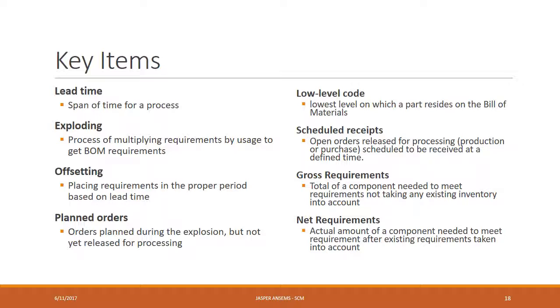You have exploding, the process of multiplying requirements by usage to get the BOM requirements; offsetting, placing requirements in the proper period based on the lead time; planned orders, planned during the explosion but not yet released for processing; low level code, the lowest level on which a part resides on the bill of material; scheduled receipts, open orders released for processing; gross requirements, the total of a component needed to meet requirements, not taking any existing inventory into account; and then you have the net requirements, the actual amount of the component needed. So all those key items will be filled in on the next sheet.